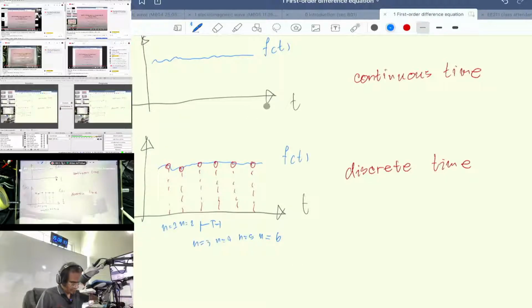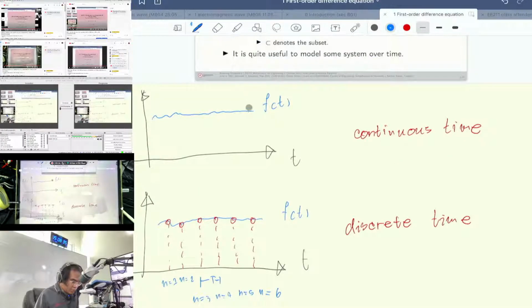This is the time for whatever value you can leave it here inside the parentheses. But this one is the index of the sample. This is the first sample, the second sample, the third sample, the fourth sample, the fifth sample, the sixth sample. The sample is taken from the actual value of the function, but we cannot keep everything.